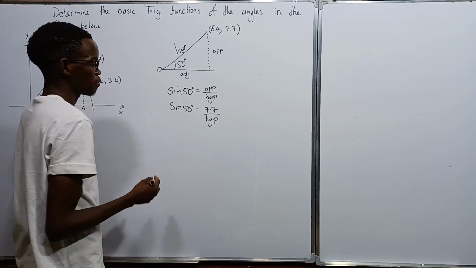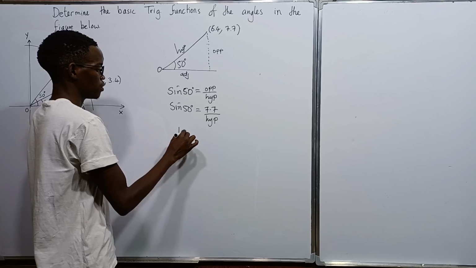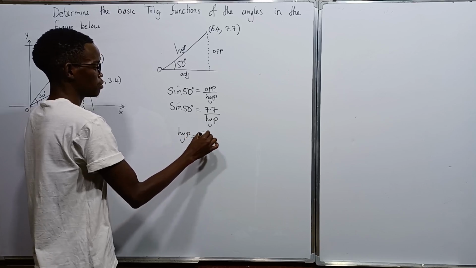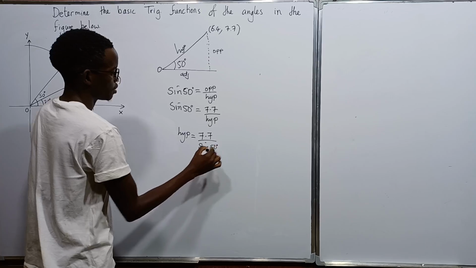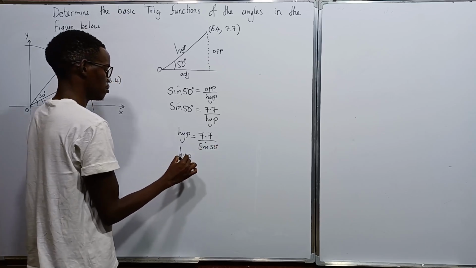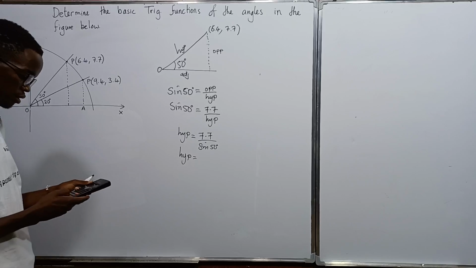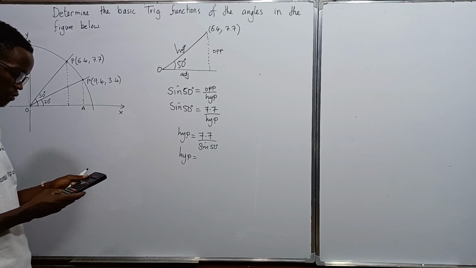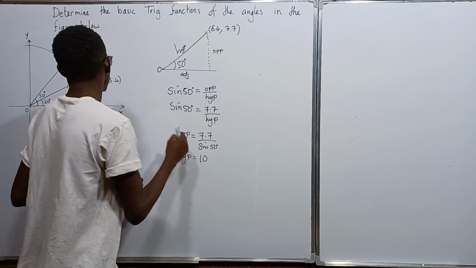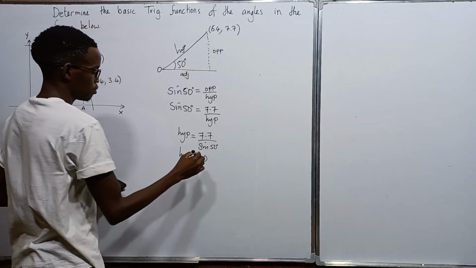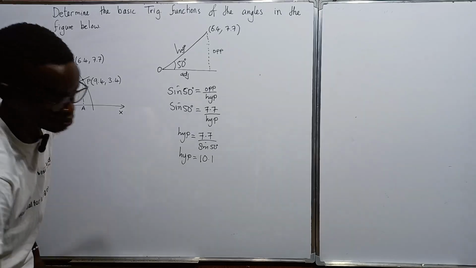So we make the hypotenuse the subject: the hypotenuse is equal to 7.7 over sine 50 degrees. So we have 7.7 divided by sine 50, and our hypotenuse for the first one will be 10.1.